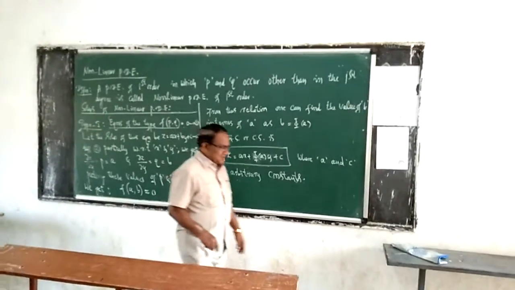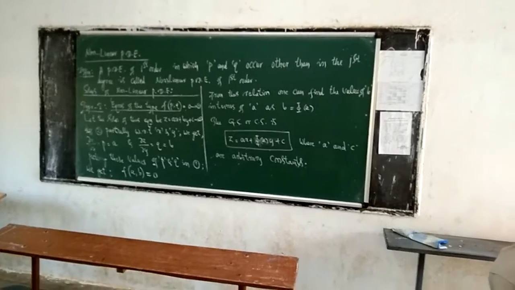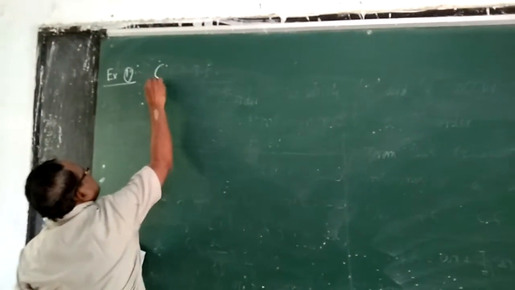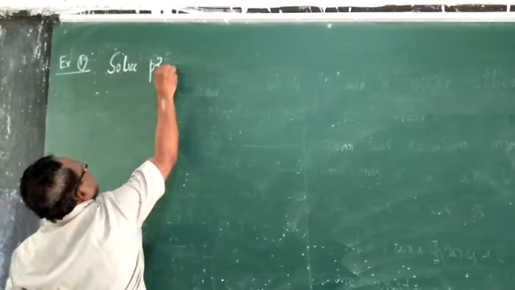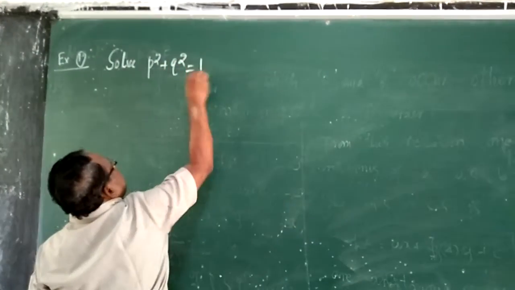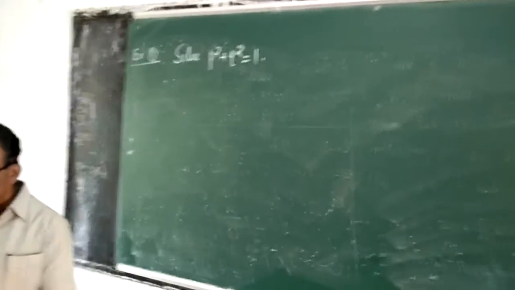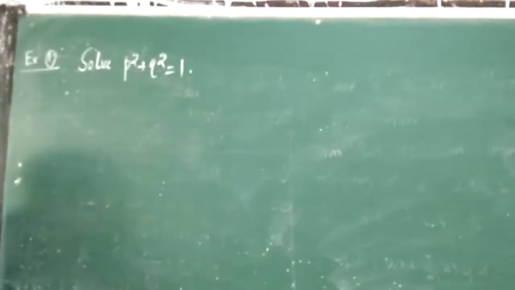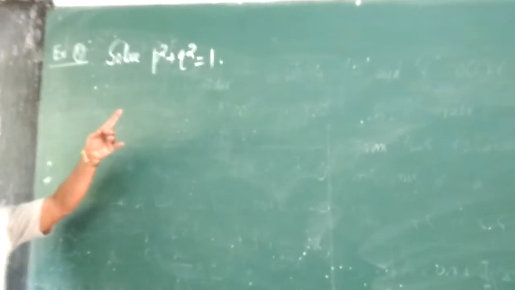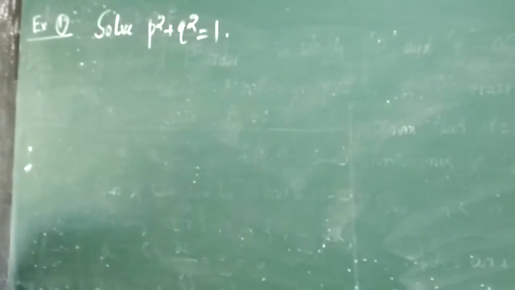Now let us take up the examples here. Example 1 is this: solve p square plus q square is equal to 1. And observe, it contains only p and q, so it is of type 1.